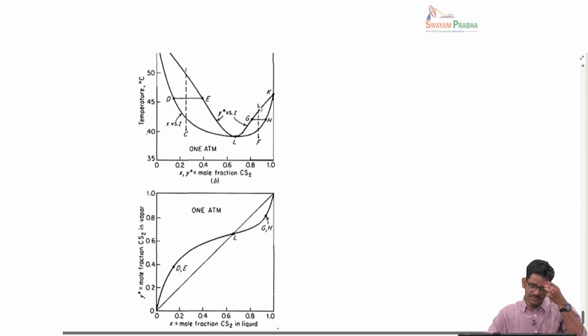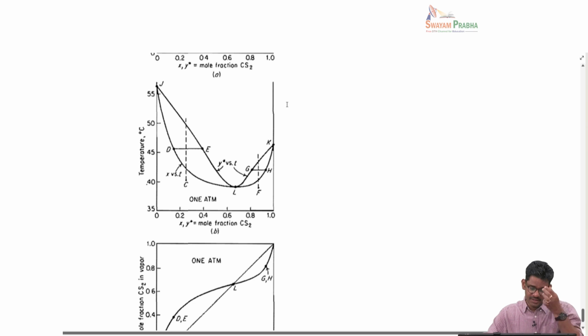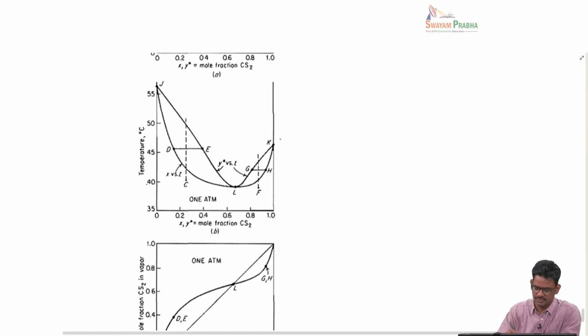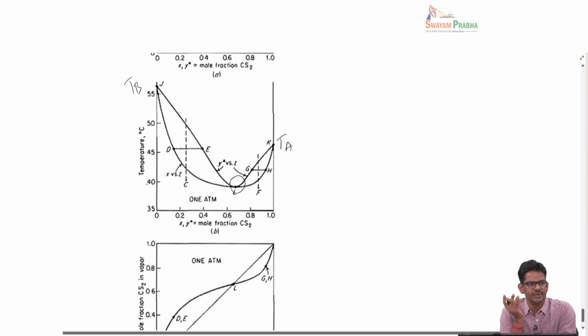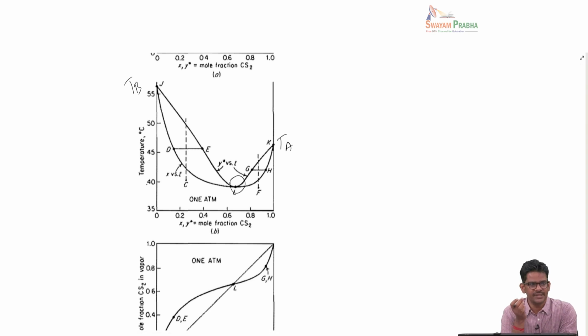Here you can see that this is the boiling point TB, this is boiling point TA. You could have some composition where the vapor and liquid compositions are essentially the same, and it boils at a temperature less than TA and TB. So here if you have a binary mixture following Raoult's law, the boiling points will change from TA to TB, that is a range.